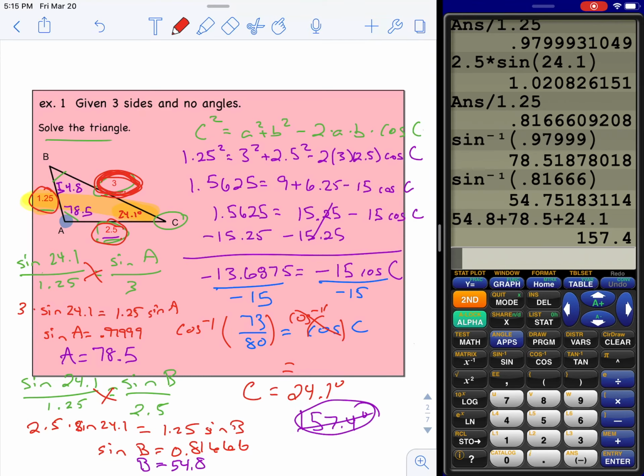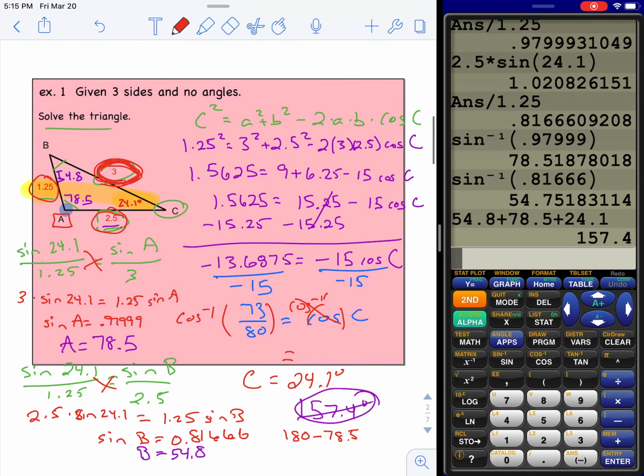So in this, since the biggest side is 3, I know that I'm missing degrees in angle A. And how I find the rest of those degrees is I just take 180 minus what I got for angle A. And what that will give me is the true measurement of angle A.